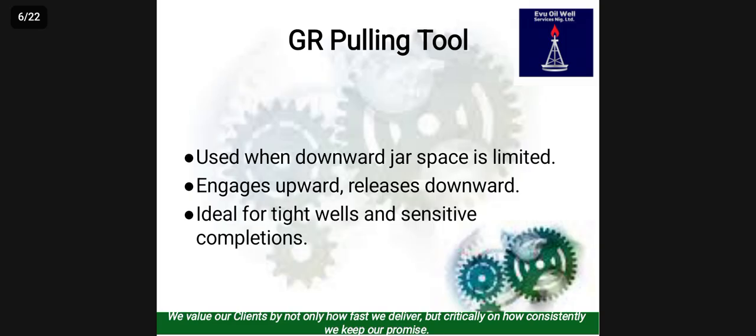It releases by downward jar. It's the best choice in tight wells or when working around delicate completions. Remember, GRO for upward engagement, GS for downward engagement. Have that in the back of your head.